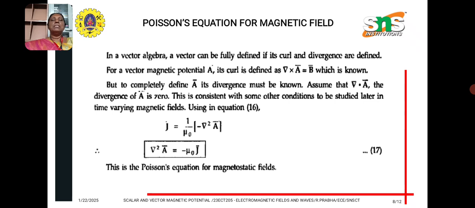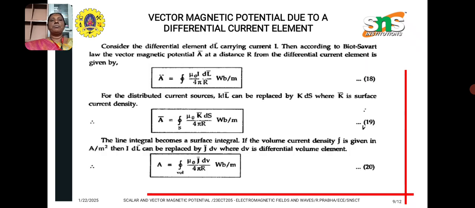So, to completely define the magnetic vector potential A vector, its divergence must be known, assuming del dot A is 0, and this is consistent with some other conditions to be studied later in time varying magnetic fields. So, J is equal to 1 by mu naught into minus del squared A, or rearranging the equation, del squared A is equal to minus mu naught J. This equation is called Poisson's equation for magnetic fields.